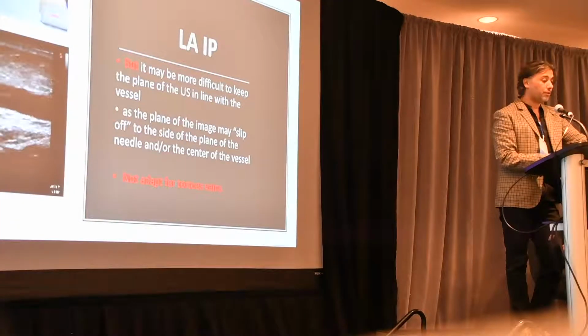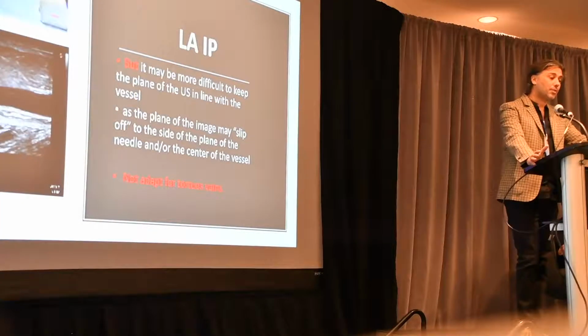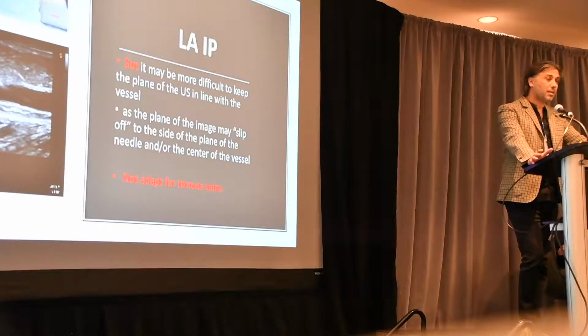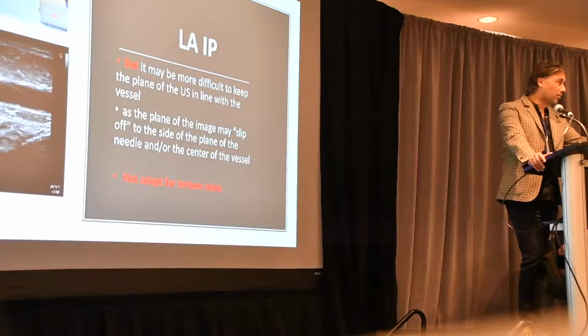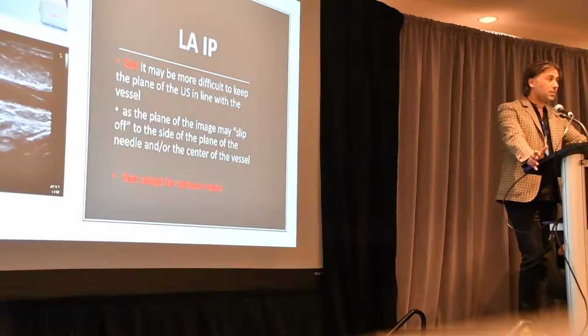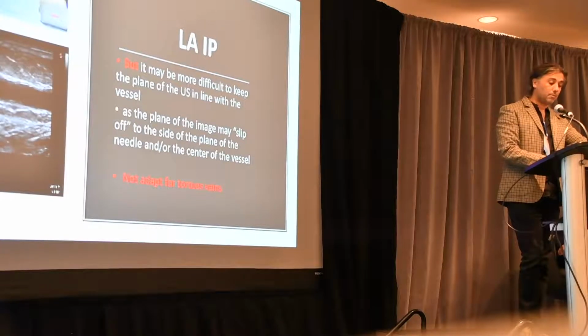But it may be more difficult to keep the plane of the ultrasound in line with the vessel, as the plane of the image may slip off to the side of the plane of the needle and or the center of the vessel. As we said, it's like a credit card. Thereby it is not adapted to tortuous veins.